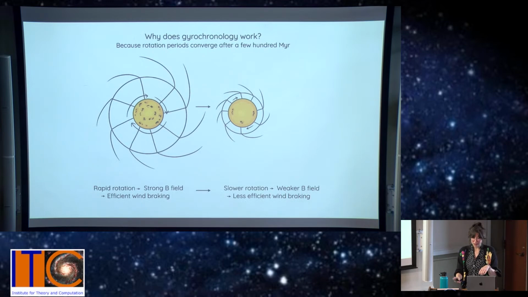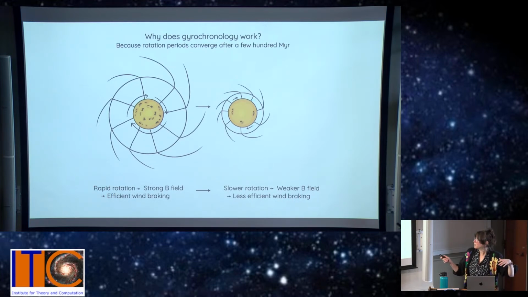So a rapidly rotating star will have a large magnetic field because the magnetic field is generated by a combination of rotation and convection. So rapidly rotating stars have large Alfvén radii, which means they have large effective radii, and they're much more efficient at shedding angular momentum.